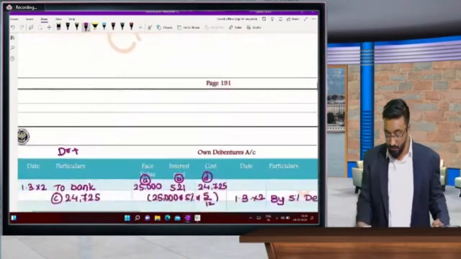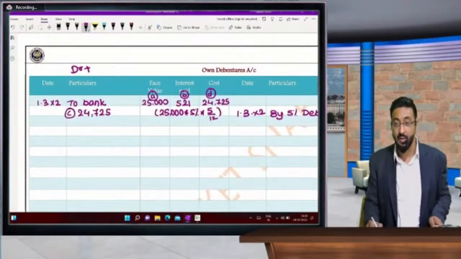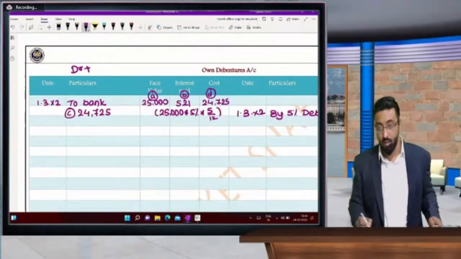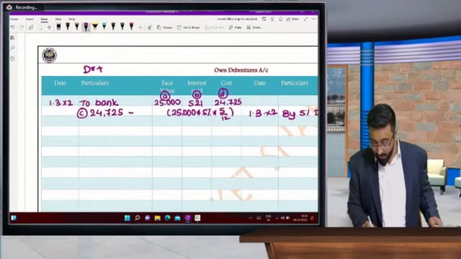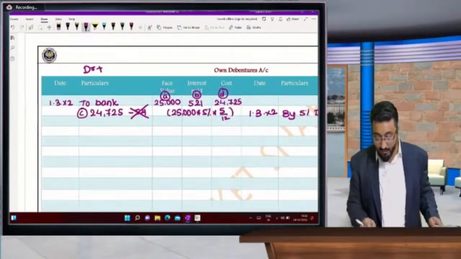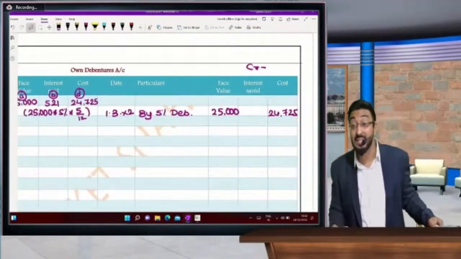See, what did we do first? Own debentures to bank. A, face value. B, interest. C, inner column. D, ex-interest. I have not deducted 521 because it is ex-interest. Then we cancel own debentures.